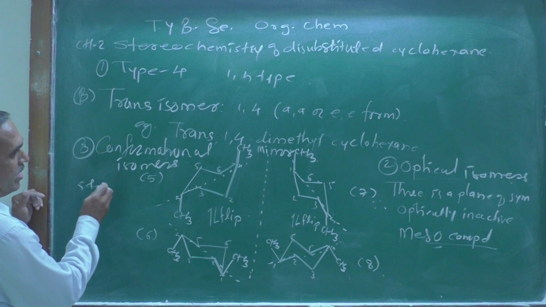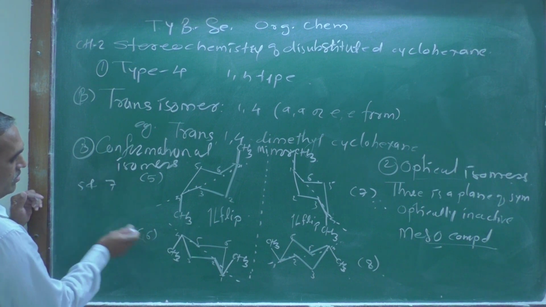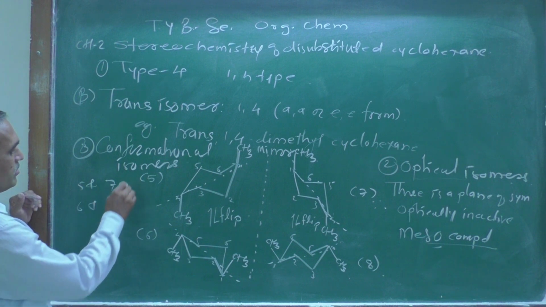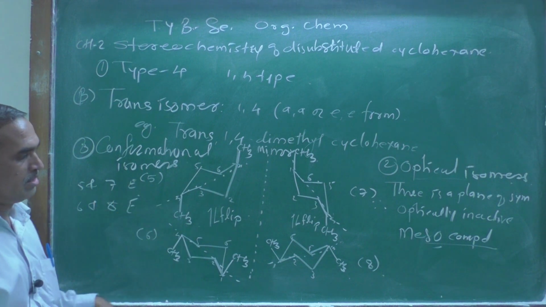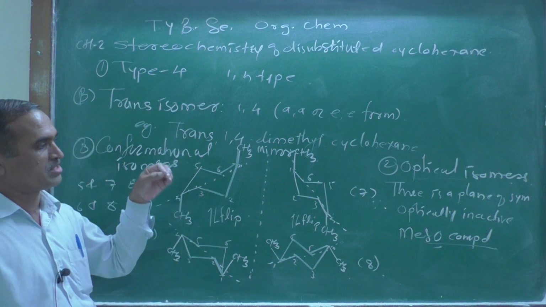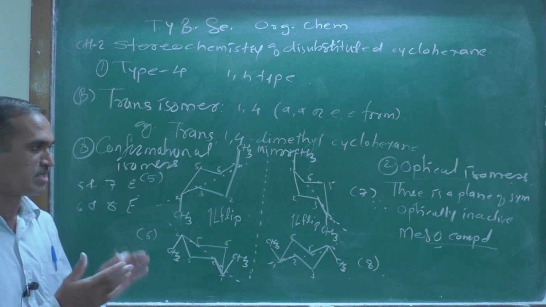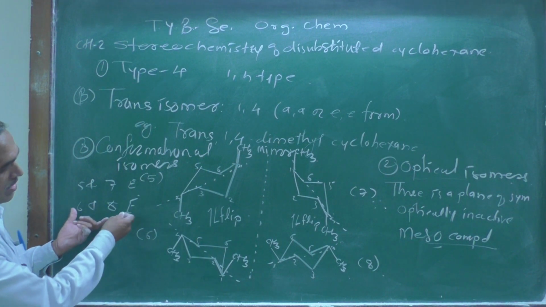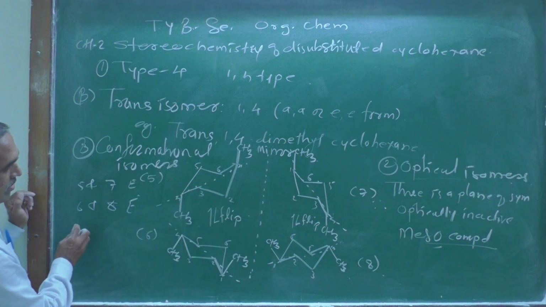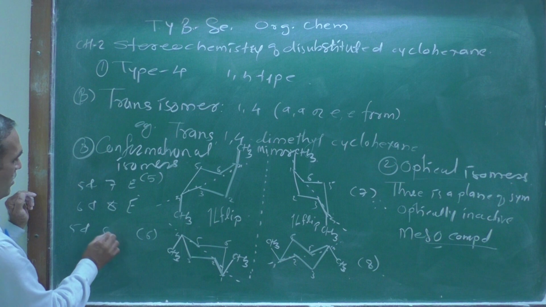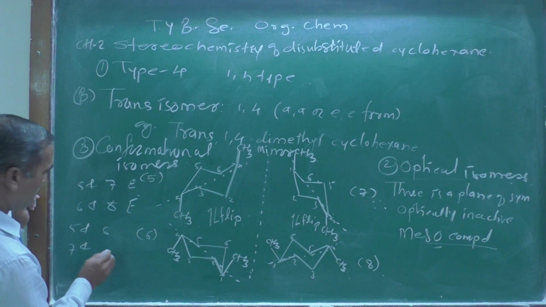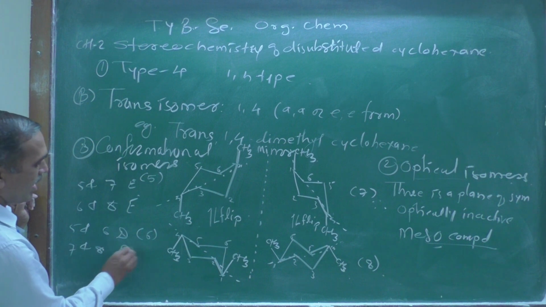Structure number 5 and 7, and structure number 6 and 8, they are enantiomers, and due to the presence of a plane of symmetry or center of symmetry, that molecule becomes a meso compound. Now compound number 5 and 6, similarly compound number 7 and 8, they are diastereomers.